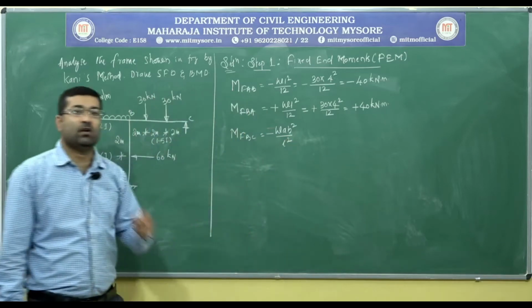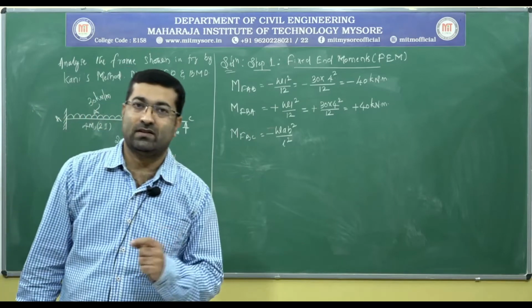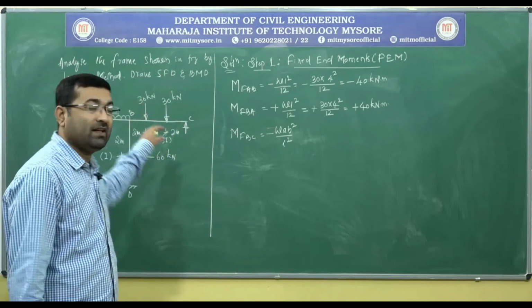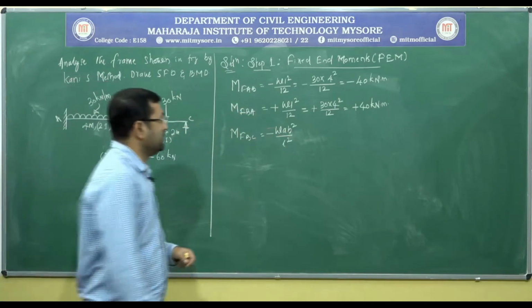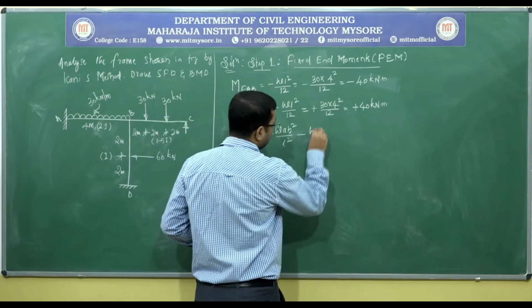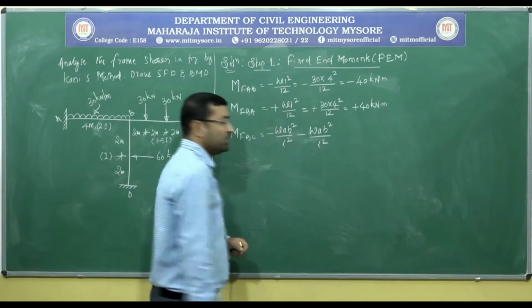But here we have two eccentric concentrated loads, so we have to apply this formula twice. So, again minus WAB square by L square.